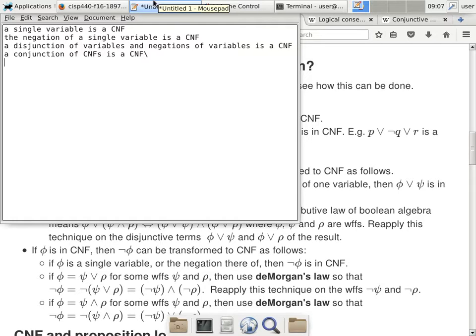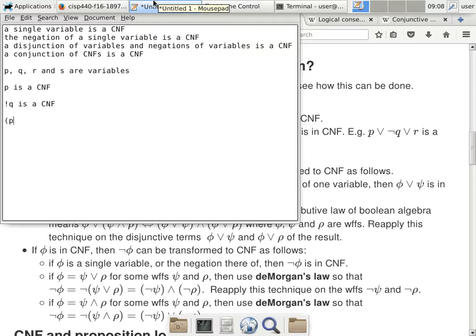Okay, so let me just give you an example here. Let's say P, Q, R, and S are variables. In other words, in the alpha set, I define these specific letters to be variables. So in this case, P by itself is a CNF because it is a single variable. I can say not Q. I'm borrowing the not symbol from C, so I don't have to type as much. So not Q is a CNF because it is the negation of a variable.